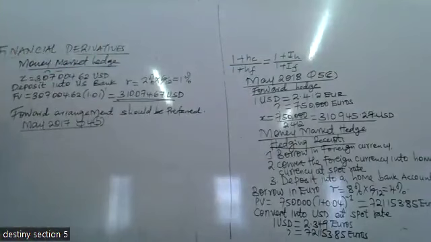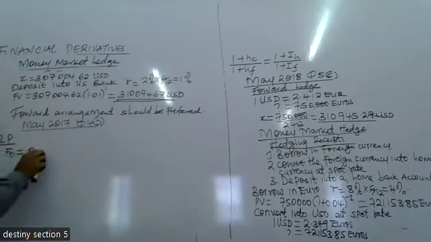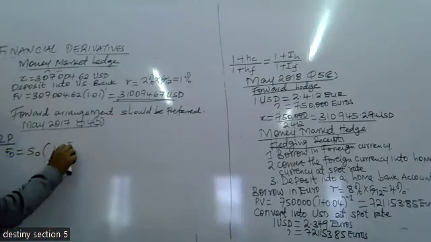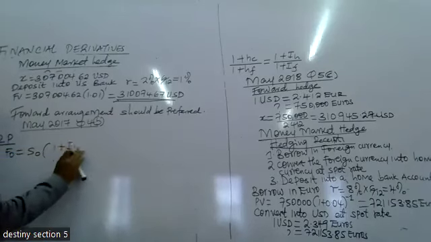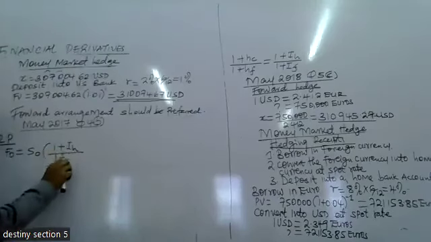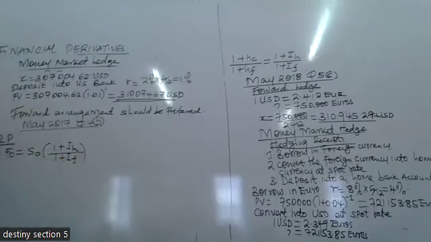So now we use the interest rate what? Parity. Now, interest rate parity, to get the forward rate will be given by the spot rate times 1 plus the interest rate of the home currency over 1 plus the interest rate of the foreign currency, right?